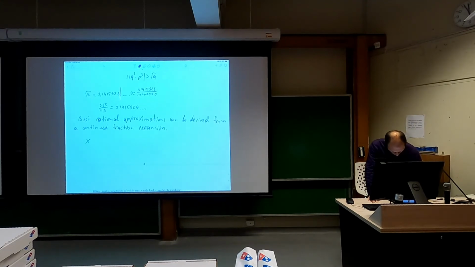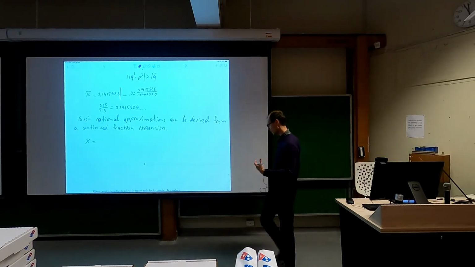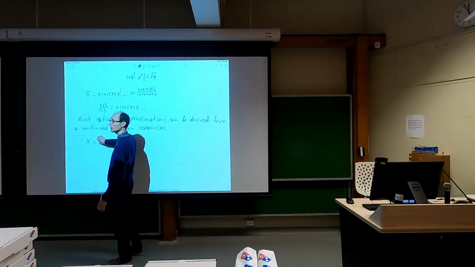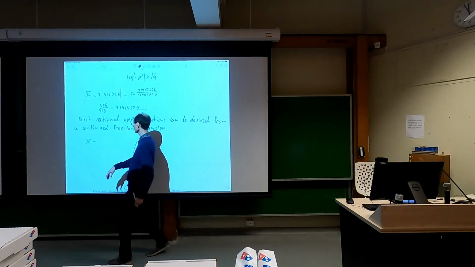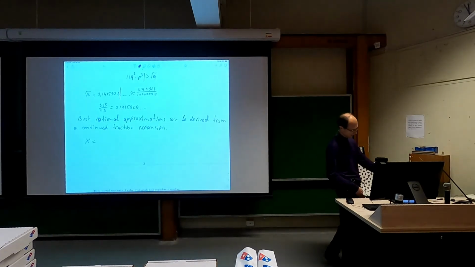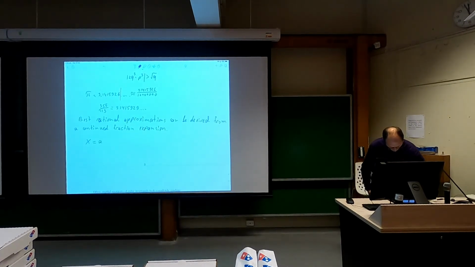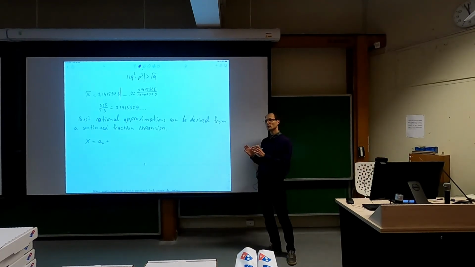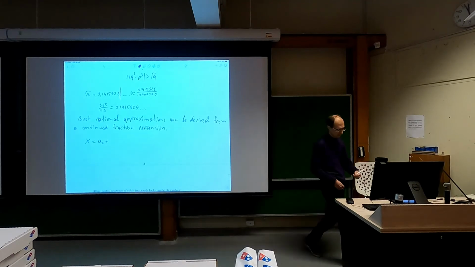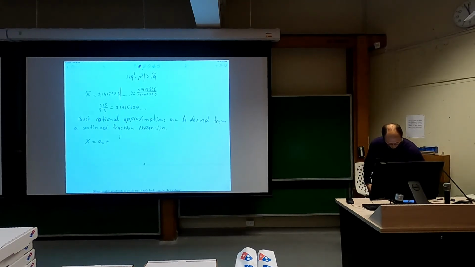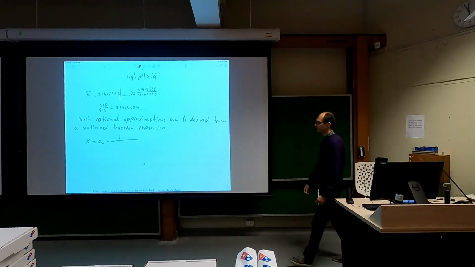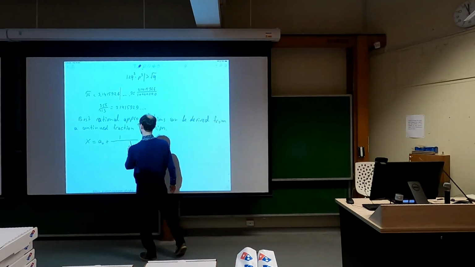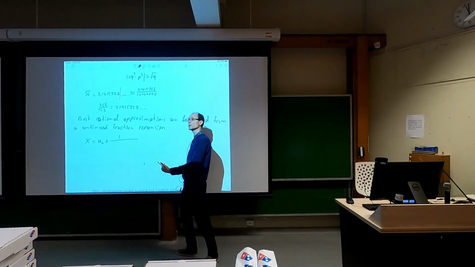So we start with x. How do we construct a continued fraction? We start with x. We take an integer part of it, and the fractional part of it. So a0 is the integer part, and the remaining part is something between 0 and 1. Then we flip it, 1 over that. This part is between 0 and 1, therefore that part is again strictly bigger than 1.